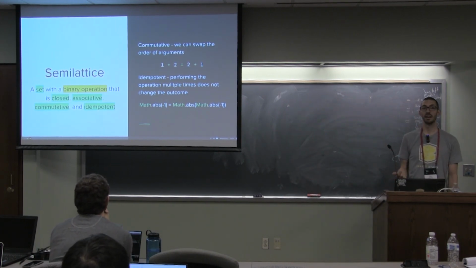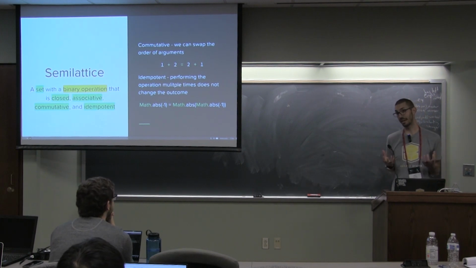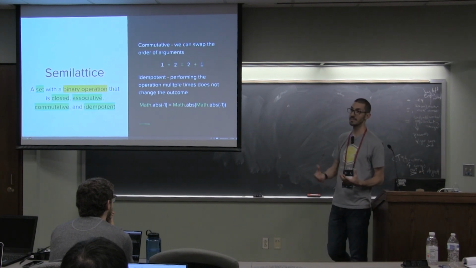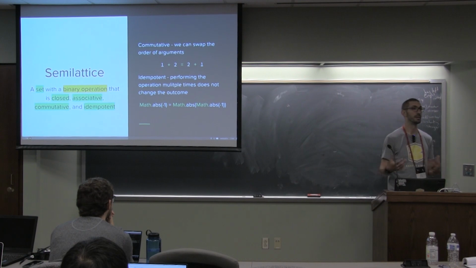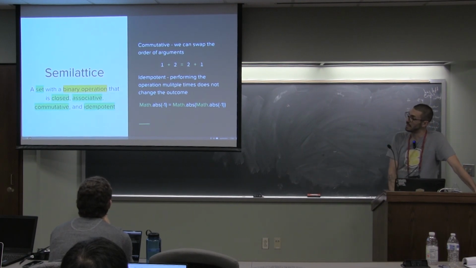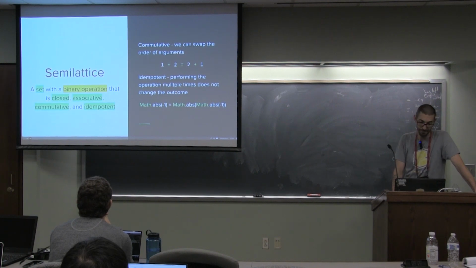So not only does the order of these things coming back not matter, it doesn't even matter how many times we get the same message, because we're only going to process it one time. That's really neat. If you've heard of CRDTs or these eventual consistency kinds of things, this is one way to do that, by realizing that you have this semilattice structure.